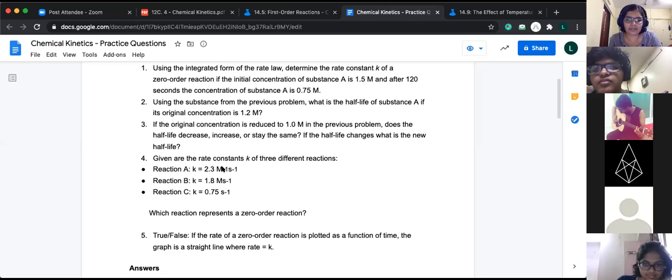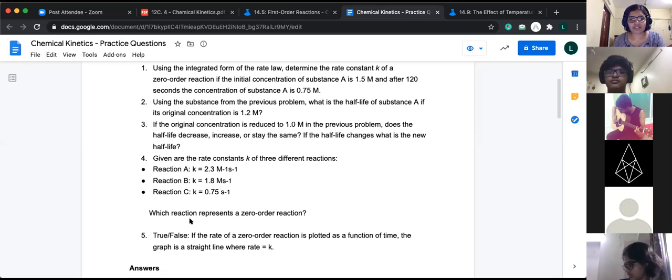It is mole per liter inverse second inverse. This is mole per liter per second, and this is just second inverse. So which of the three is a zero order reaction? Reaction B. Very nice. So this was based on what we had discussed yesterday, right? Units of the rate constant.